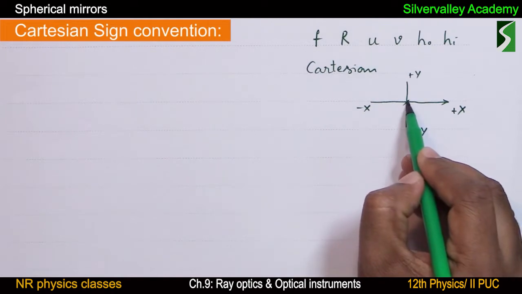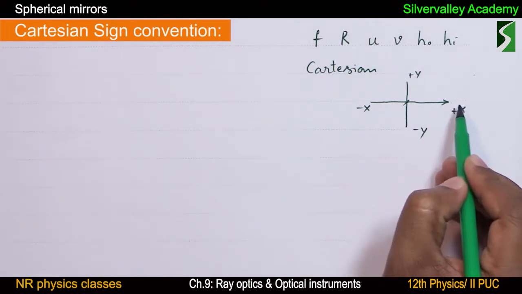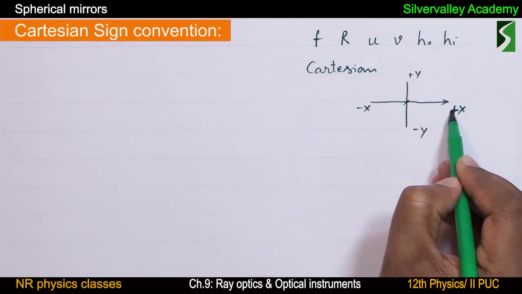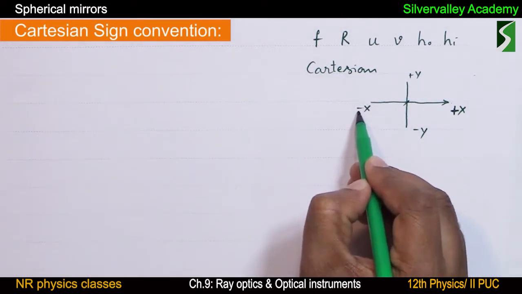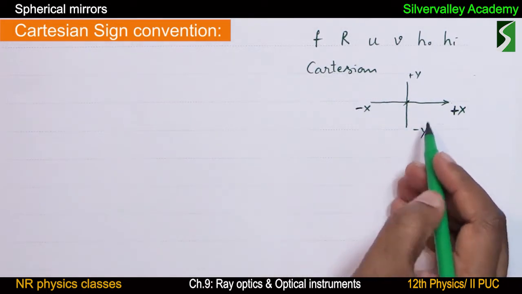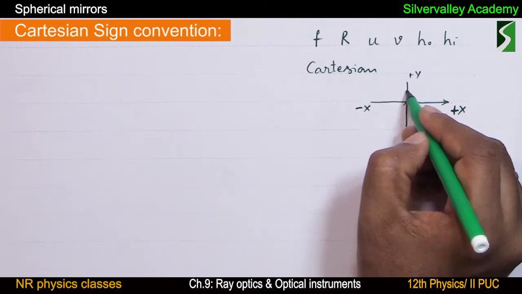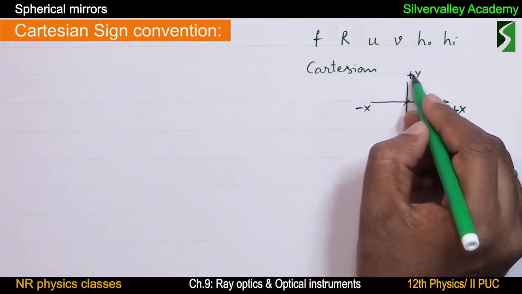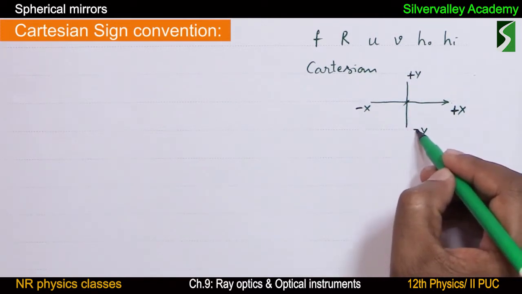Distances to the right of the origin are taken as positive. To the left are taken as negative. Distances above the origin are taken as positive. Distances below are taken as negative.